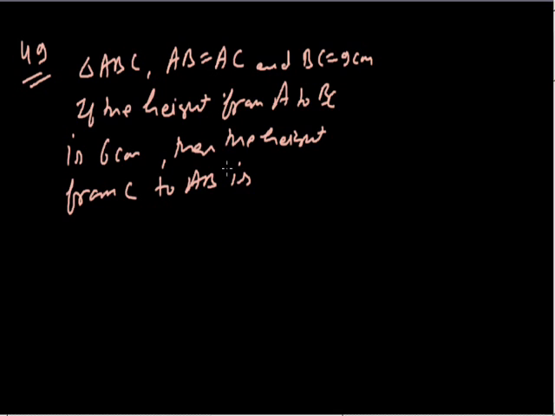यहाँ पे मैंने दे रखा है कि एक ट्राइंगल है ABC जिसमें AB इक्वल्स टू AC है और BC equals to, let's say, first we draw the triangle according to the given condition. Let's say this is a triangle ABC, and it is given that the length AB equals AC. Let the length of AB be x and AC be x.